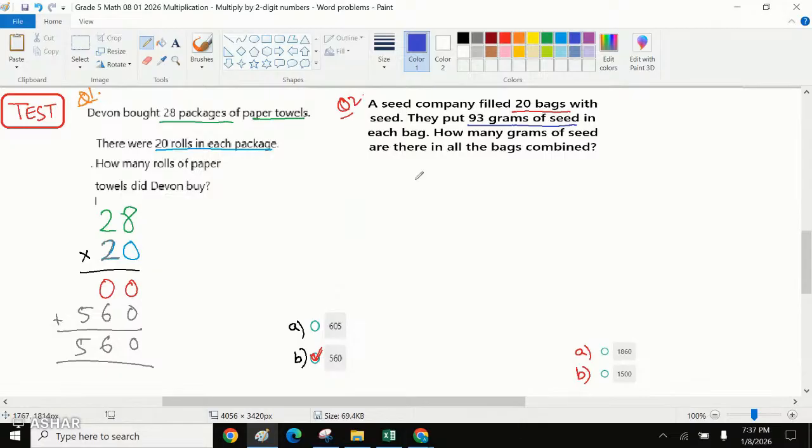So can we say 93 grams multiplied by 20 bags? Yeah, sometimes the questions might be different, right? It's okay.